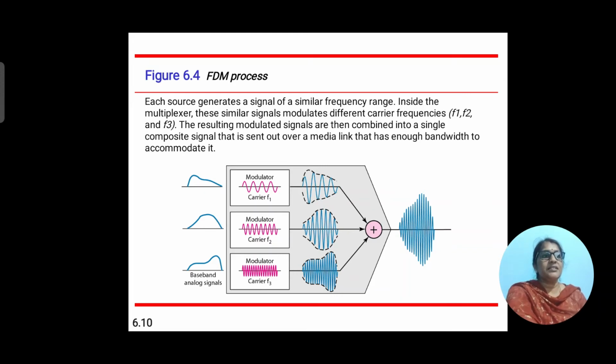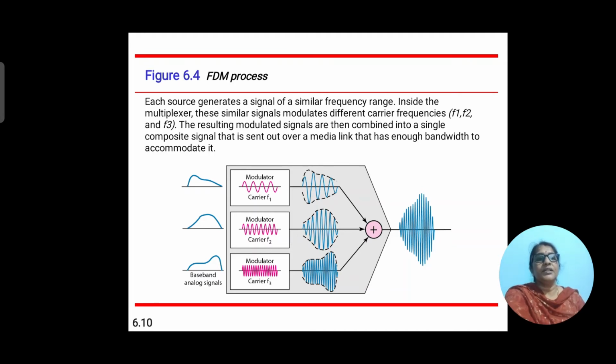These similar signals modulate different carrier frequencies, that is F1, F2 and F3. The resulting modulated signals are then combined into a single composite signal that is sent out over a media link that has enough bandwidth to accommodate it.